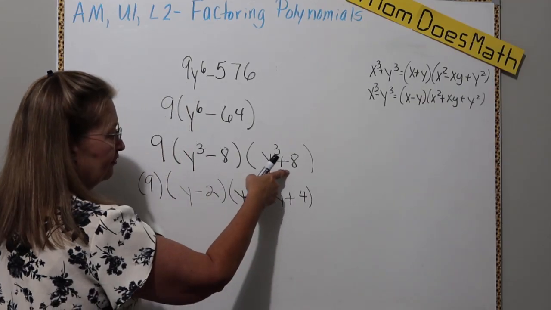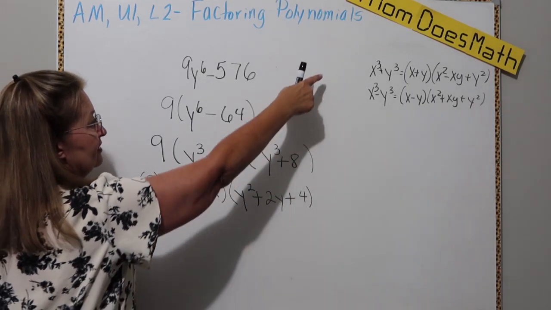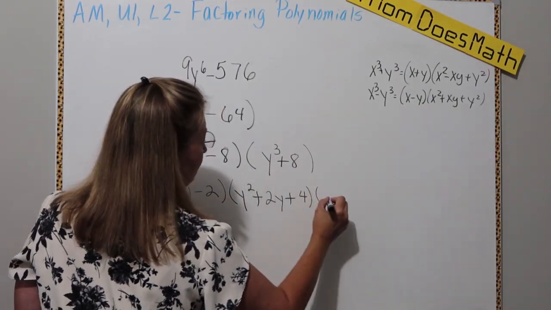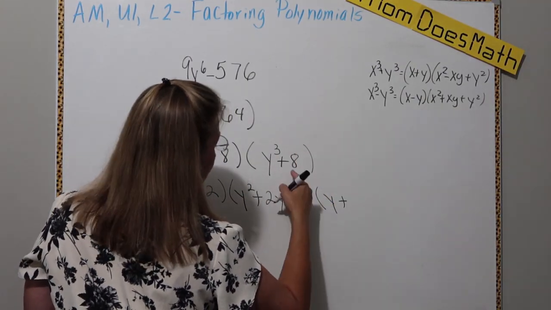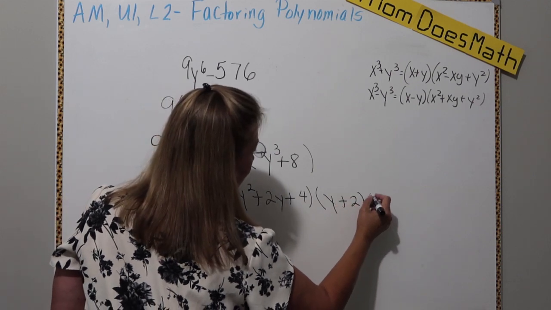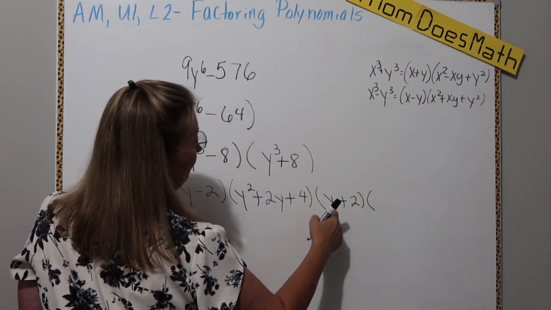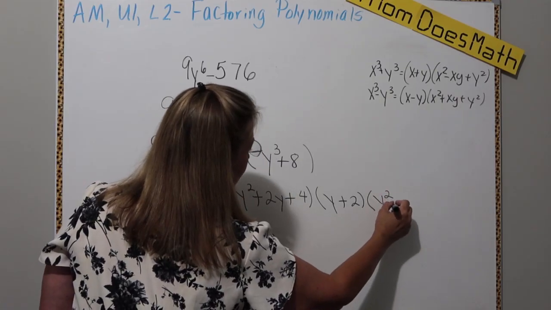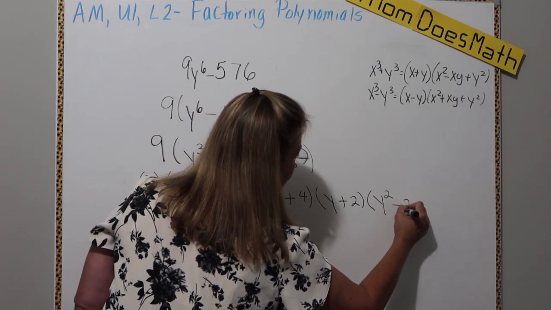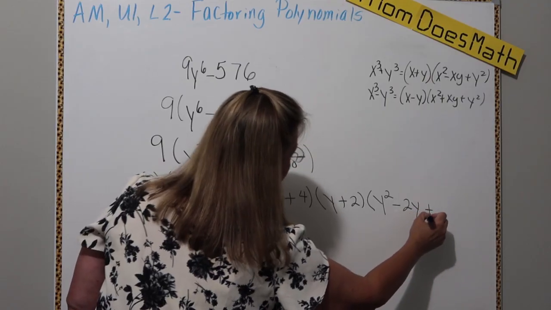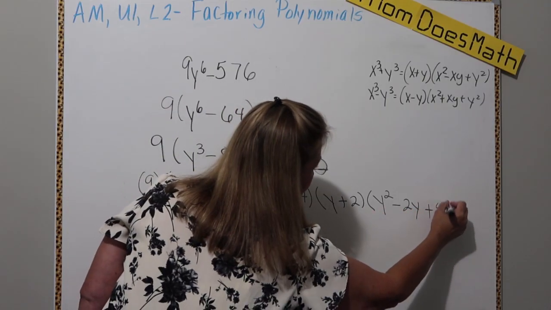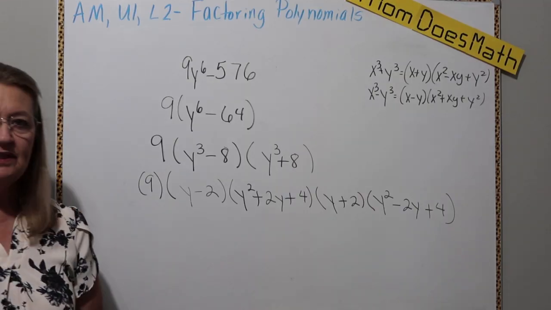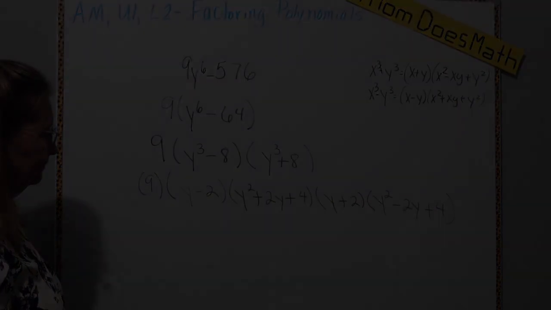Alright, now I've got to factor this the same way. This is going to be a sum. So I'm going to take the cube root of this plus the cube root of that. And then I want my first term squared. So that's y squared minus 2 times y plus 4. Okay? That was pretty intense, but there you go.